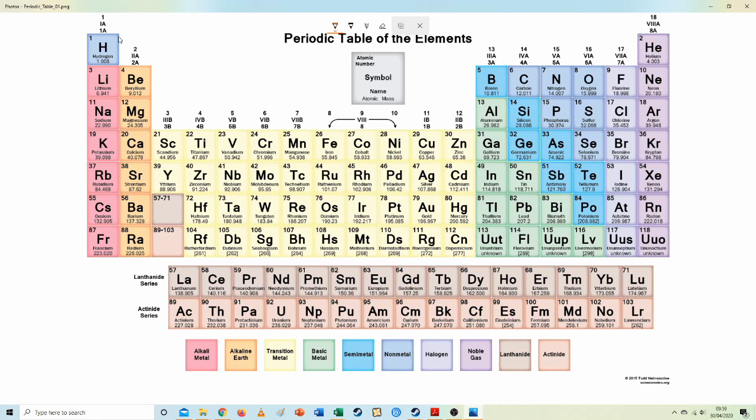So the elements that we really want to be taking a look at here are hydrogen, carbon, nitrogen, phosphorus, sulfur, and oxygen. This block of elements is really all that we're going to be focusing on for the first little bit.